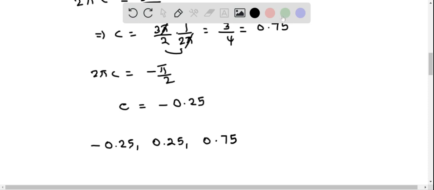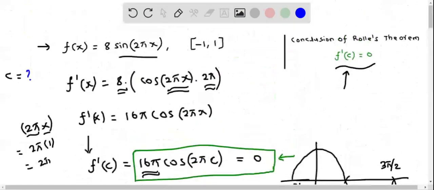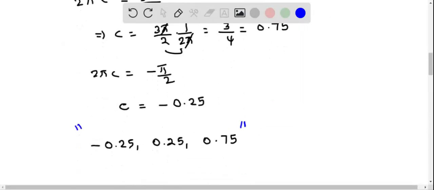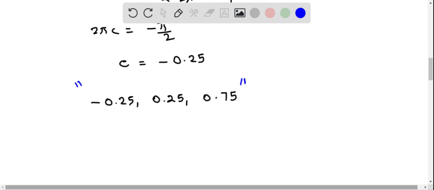So these are the values of c that satisfy Rolle's theorem, which also lie in the given interval negative 1 to 1. We ignore the other choices given in the answer choices because either they do not lie in the interval or they do not satisfy the conclusion of Rolle's theorem.